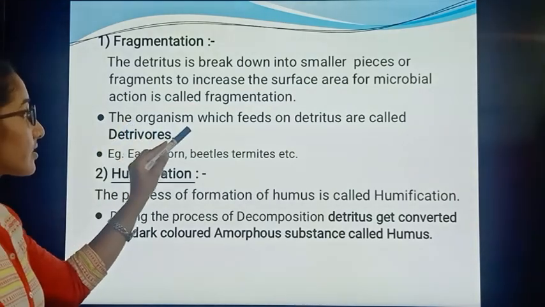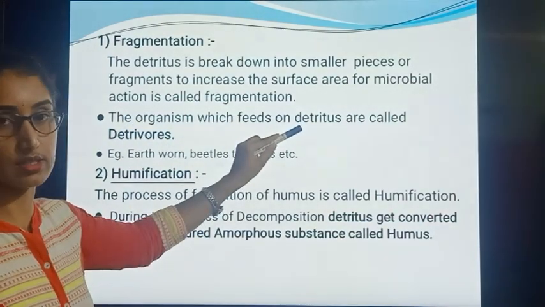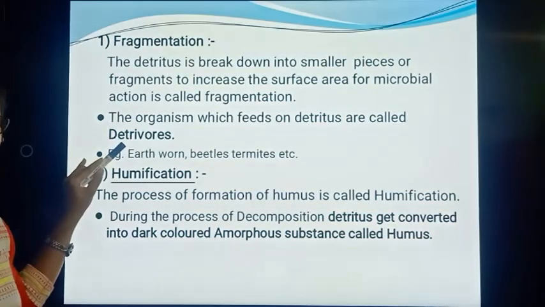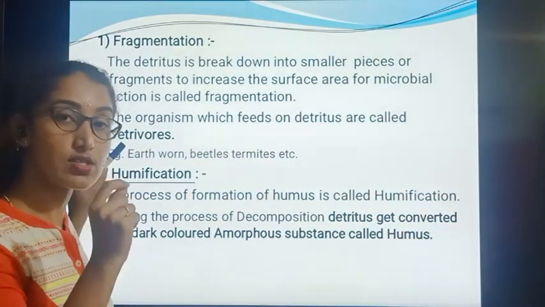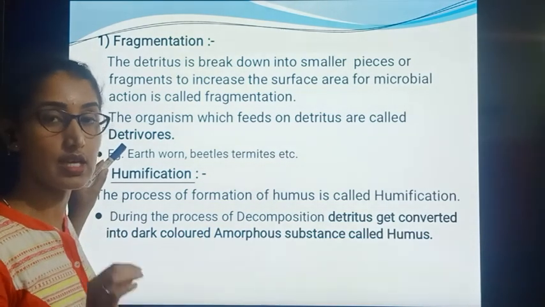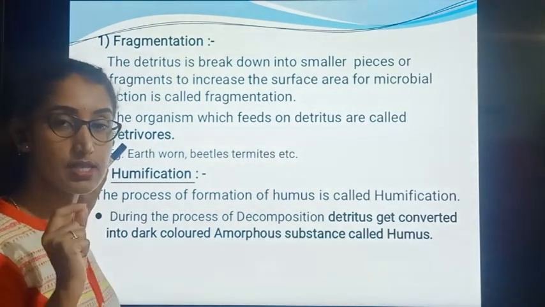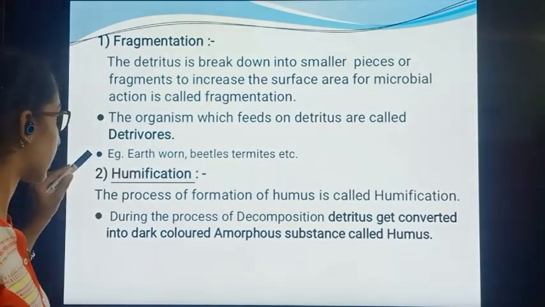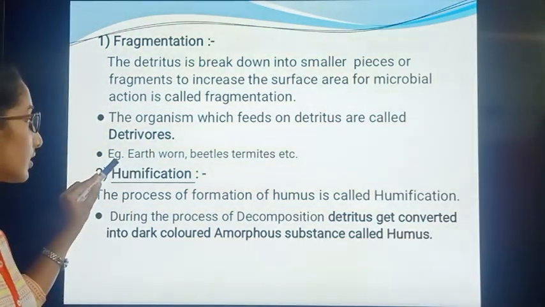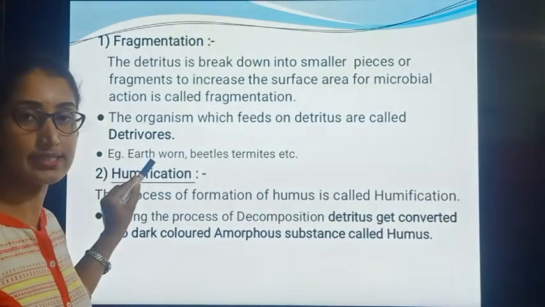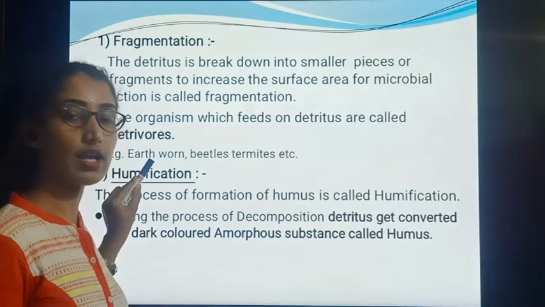The organisms which feed on detritus are called detritivores. We have taken examples for detritivores here. One is the earthworm. It's the best example that we have all seen.